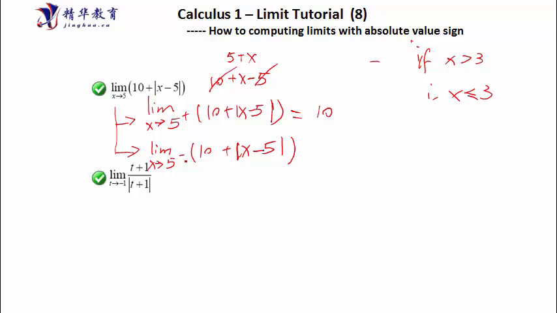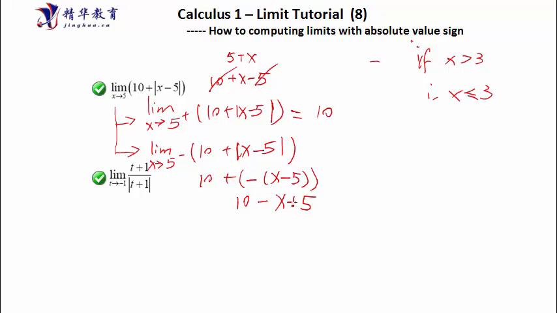Now for this one, x is a little bit less than 5, approaching 5 from below. That means x minus 5 is a little bit less than 0, so this entire thing is a negative number. So this becomes 10 plus the bracket negative (x minus 5). If we expand this, we get 10 minus x plus 5.